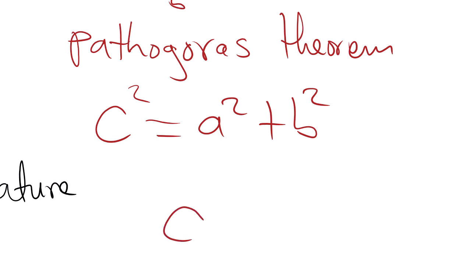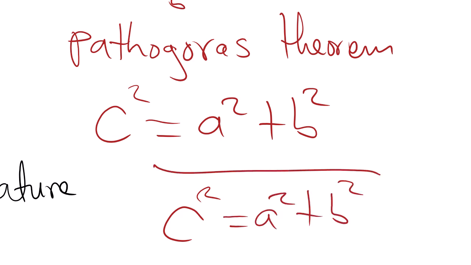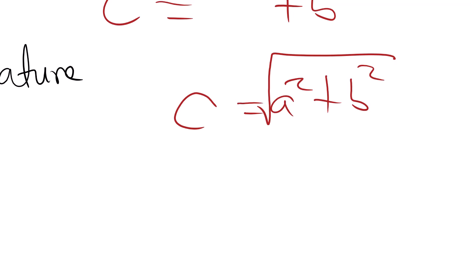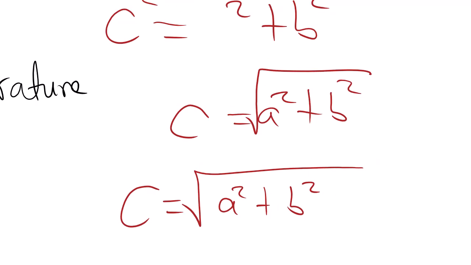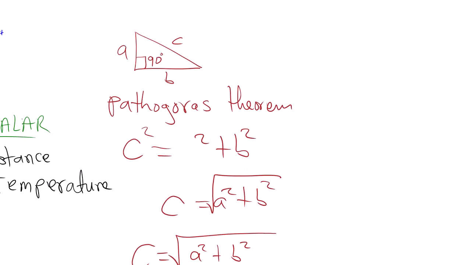So you say C squared is equal to A squared plus B squared, but now in root, so that you cancel out the square and the root. So you have C is equal to the square root of A squared plus B squared, everything in bracket. This is your formula to calculate C. Remember, you do the same thing if it's B that they need.